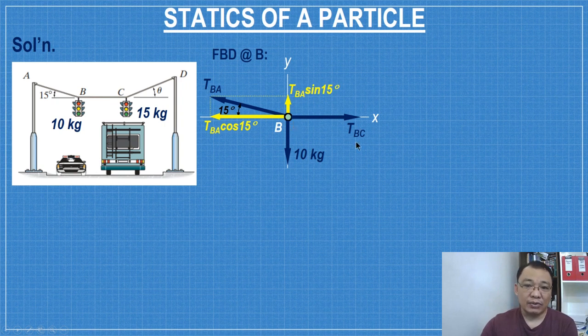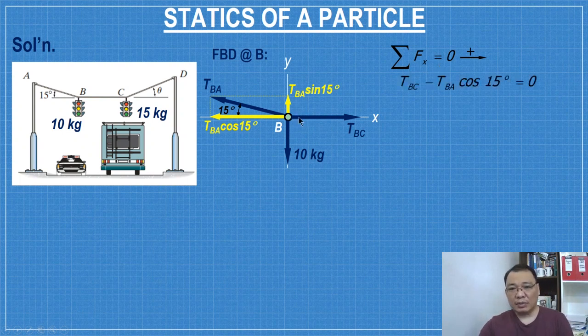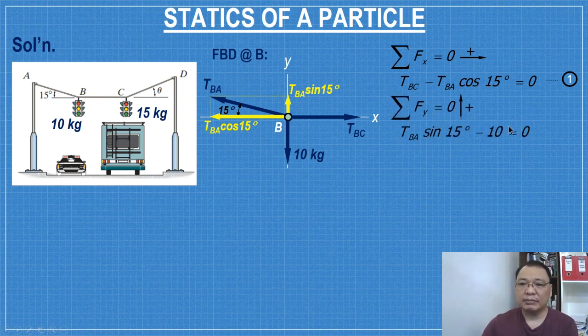And since all forces are already either horizontal or vertical, then we can use the conditions. Summation of force along x equal to 0: TBC minus this, equation 1. And then summation of force along y equal to 0: TBA sine 15 minus 10 equal to 0.